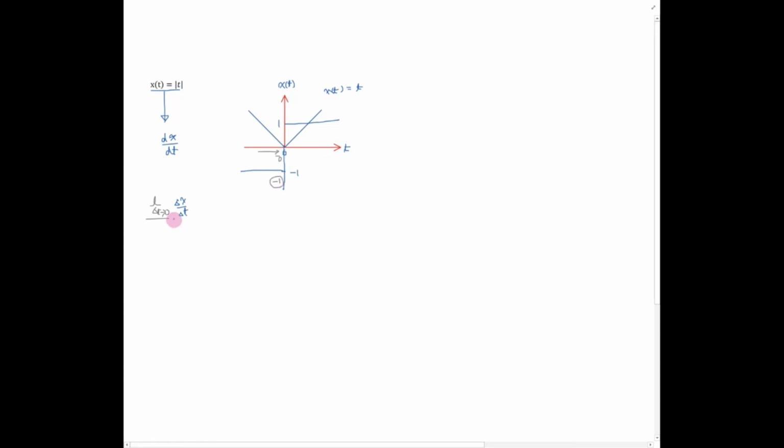But if approaching from the right side, in this direction, it is still 1. So the left side and right side limits are not equal. In that case, the differentiation value does not exist. So it is not possible to take a differentiation. In this case we say differentiation is not possible.